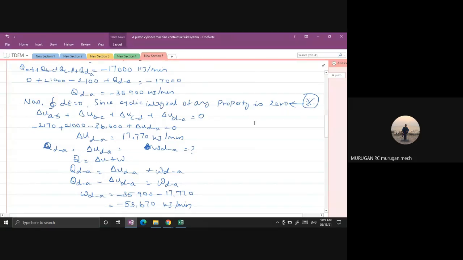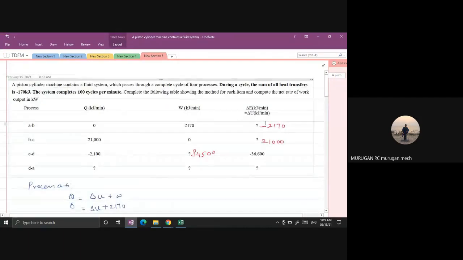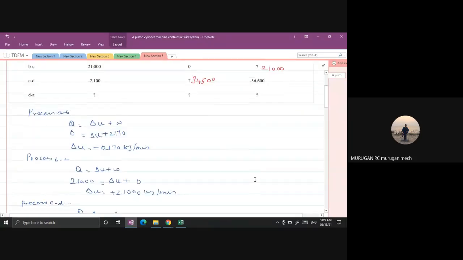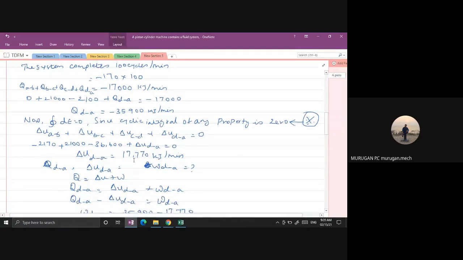So we can assume that for the process A to B, delta U A to B and delta U D to A is equal to 0. Then we have to add all this data and find out the delta U for the process D to A. So we will be getting the answer as 17,770 kilojoule.